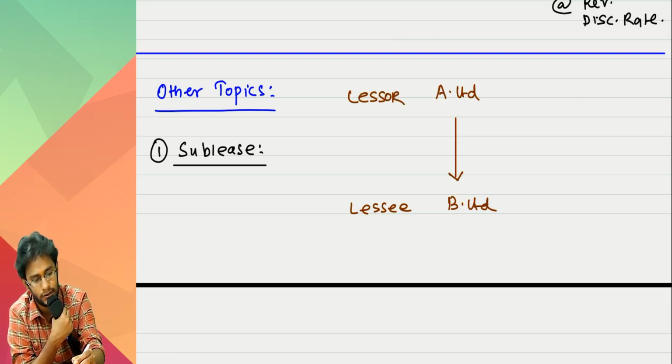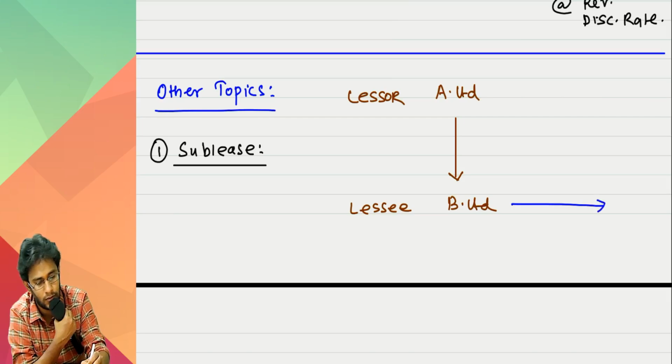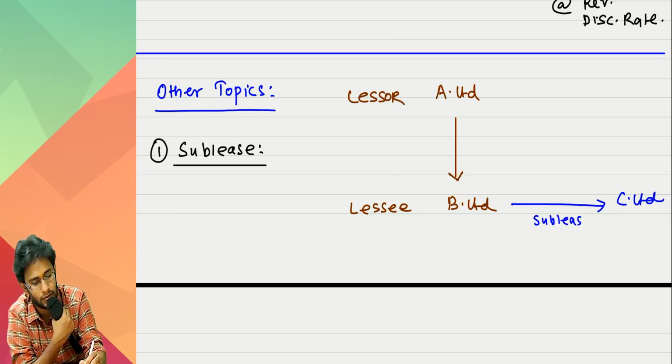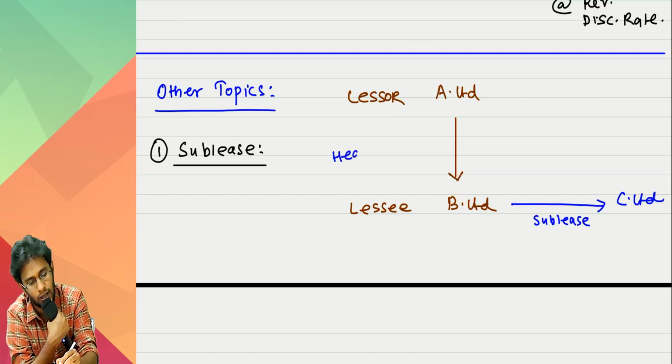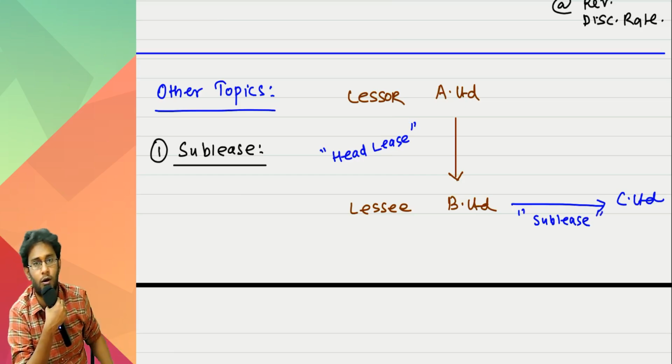What B Limited did is, B Limited in turn leased the asset to somebody else, C Limited. This is a sublease transaction. The first original transaction is called the head lease. Lease within lease is called a sublease.